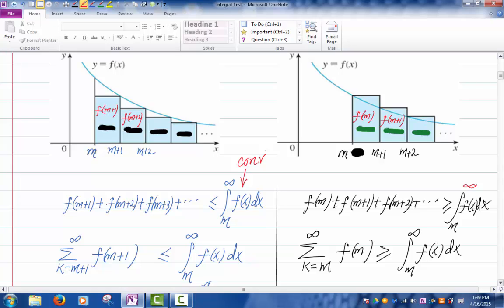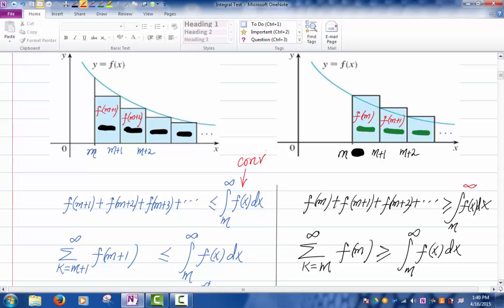The improper integral from m to infinity represents the area below the graph of f from m to infinity. So what we are saying is that this infinite region has finite area. If I assume that the improper integral of f from m to infinity is convergent, it means that the area below the graph of f from m to infinity is a finite area.